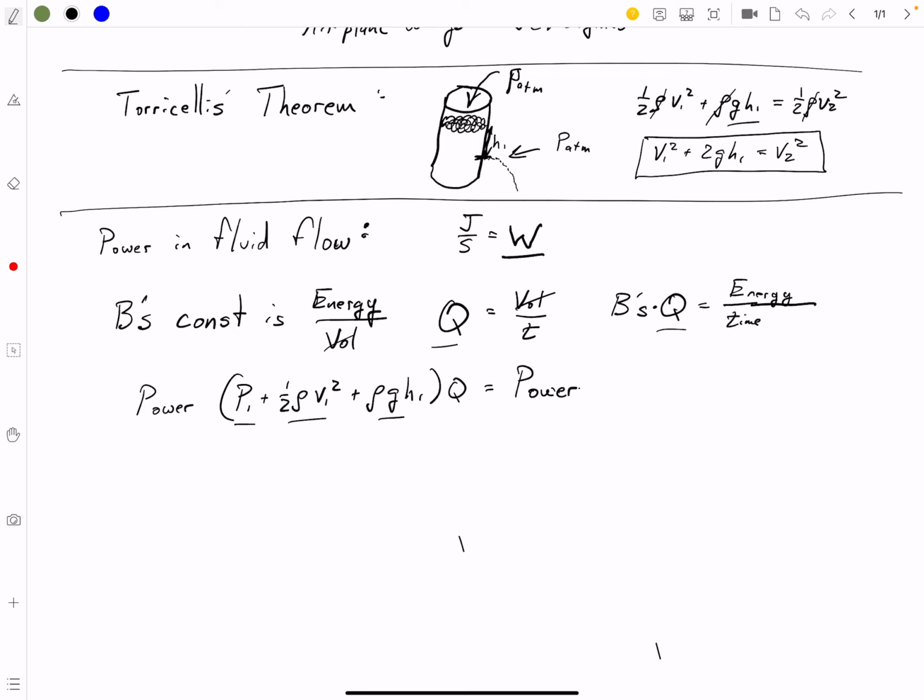Keep in mind, this thing is a constant. This thing is a constant. So they're both constants. Having them both be constants means it doesn't matter where you get the information from. If you get it from the beginning or get it from the end, one side is as good as the other.